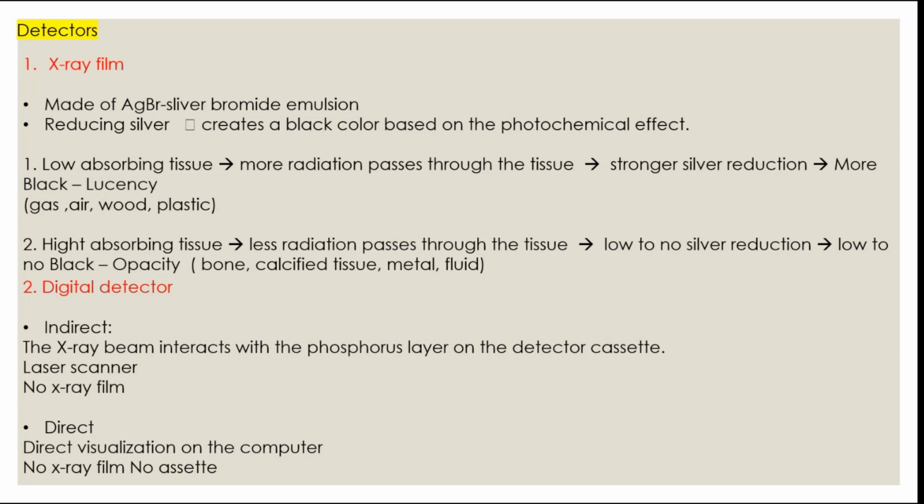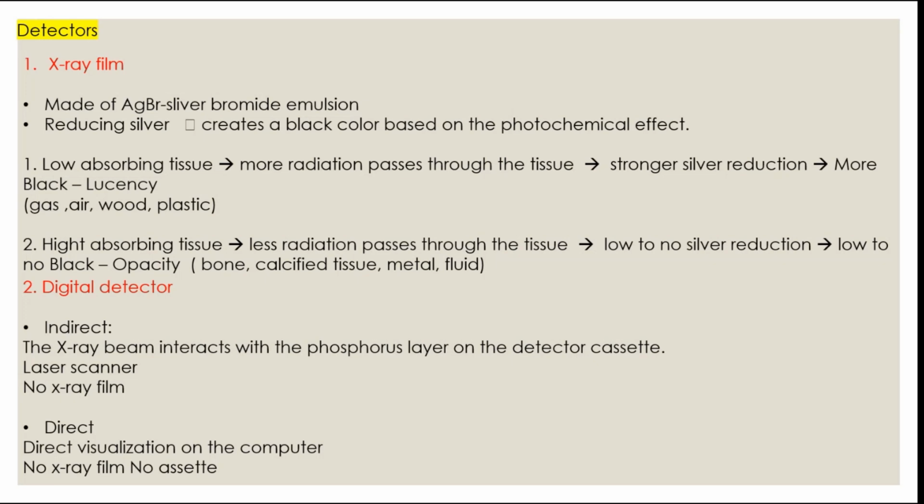In order to form an image, we need 6 silver atoms, which are metallic, and will create a black image. But I don't think you need to know this deeply for the final. The only thing to know is that silver bromide will undergo reduction and create a black color.